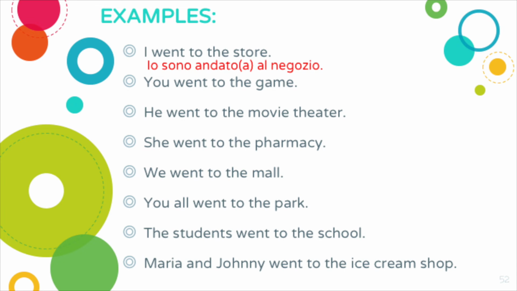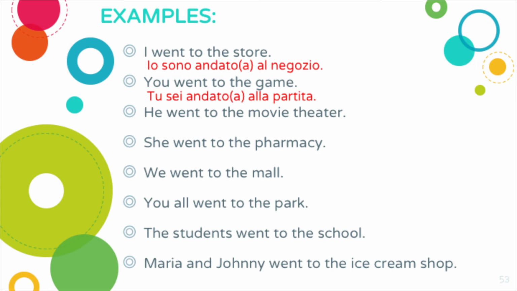For you went to the game, the word you is tu. The helping verb for essere is going to be sei. But because we don't know the gender of the person we're talking to, andato or andata is acceptable.